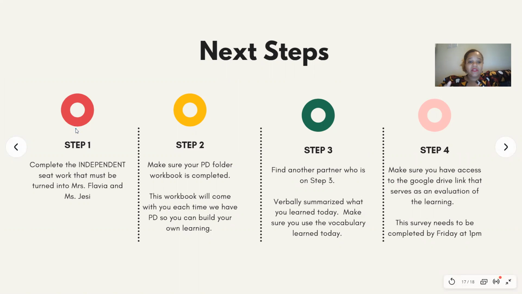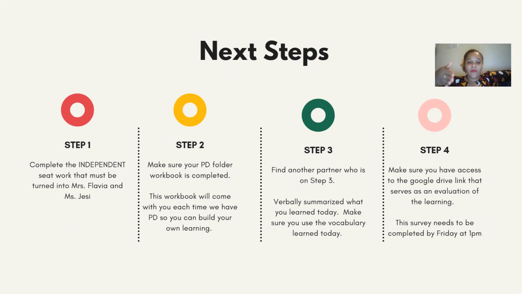So the next piece after you do that, and you're not part of this, is that I had a co-presenter. So thank you to my co-presenter who did this. But there was an independent seat work where they actually turned in a piece of paper to me that identified their two strongest effective practices, the two that they really felt they were good on, and the two that they would like to grow and know more about.